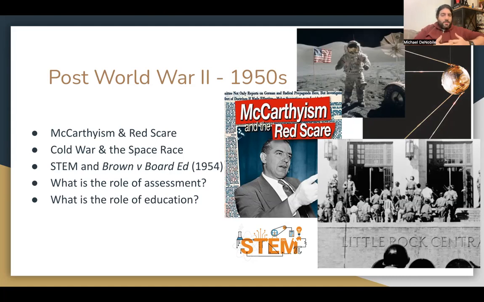The role of assessment and education now has to become a means of making sure that the best and brightest are going into STEM, because we need them to fight the Russians. We need to win the space race. We need to win the Cold War. That becomes the role of assessment and education.